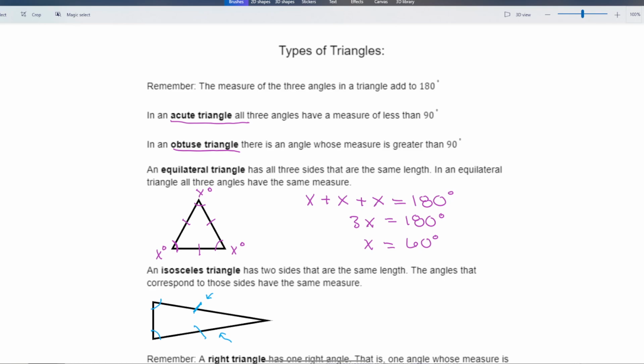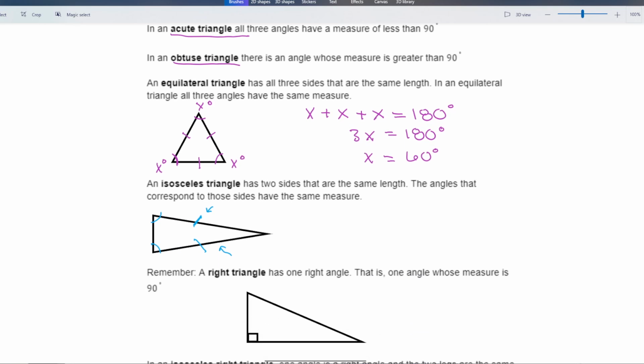Now, one type of triangle that we already talked about in class is a right triangle. Remember that the right triangle is one that has a right angle. We know that means that one of the angles is 90 degrees, and you can see that indicated with this little square in the diagram. The side corresponding to the right angle is the one that's across from it, and we know that that's called the hypotenuse.